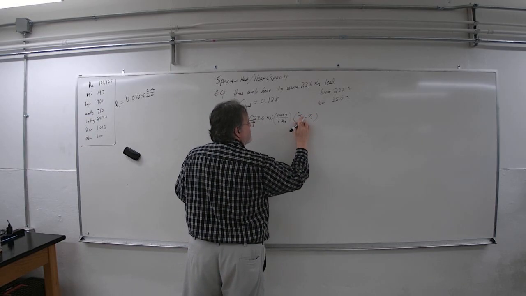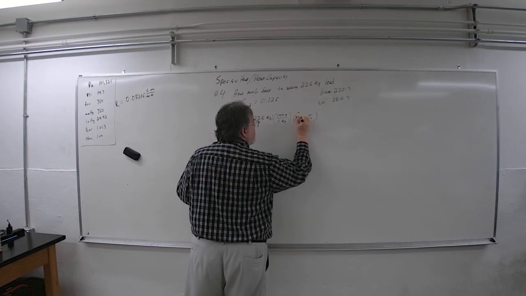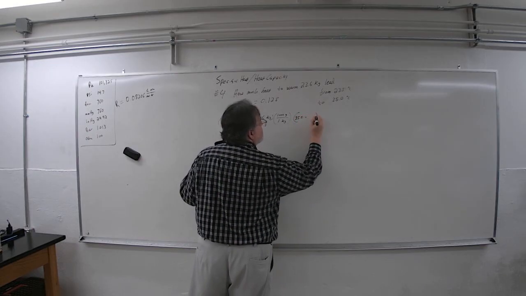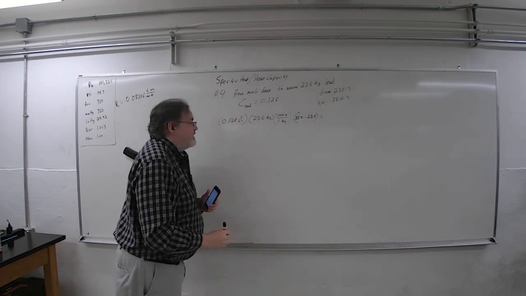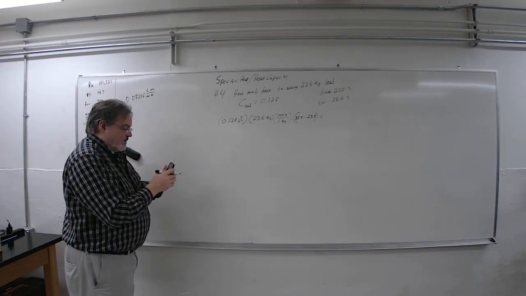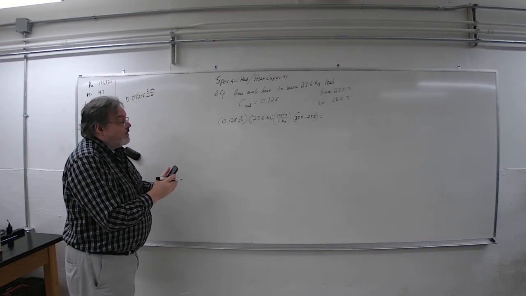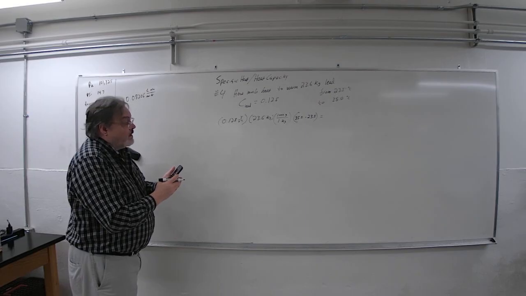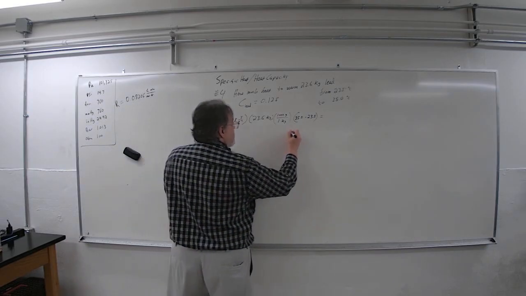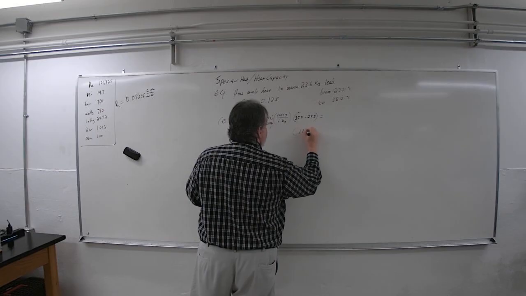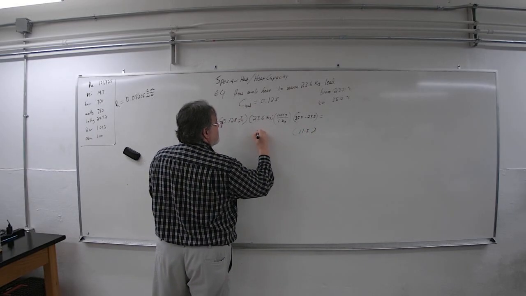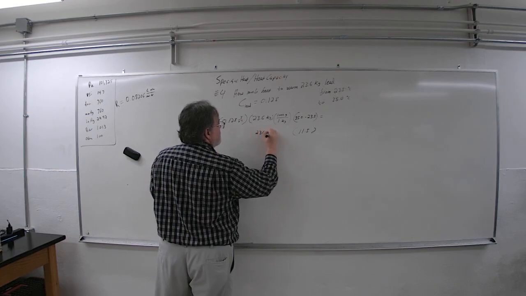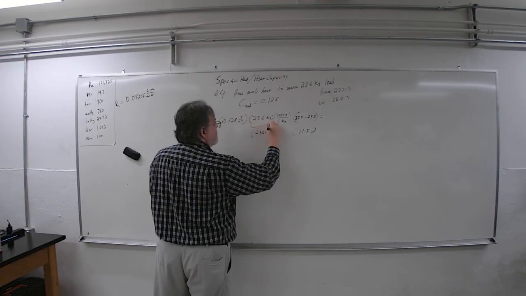Final is 35.0, and initial is 23.5, and that'll tell you how much. 35 minus 23.5, so the delta T is 11.5. 23.6 kilograms times 1,000 is 23,600 grams.